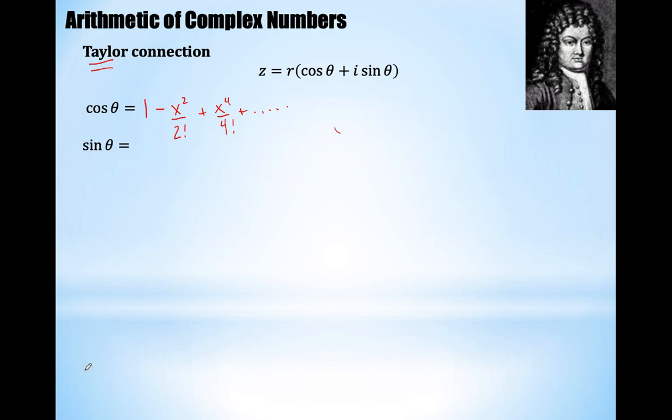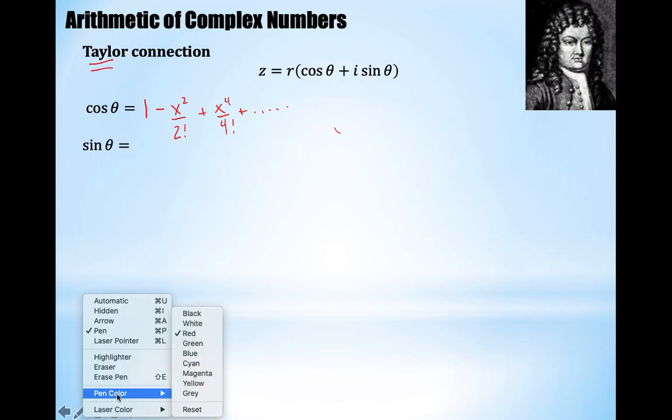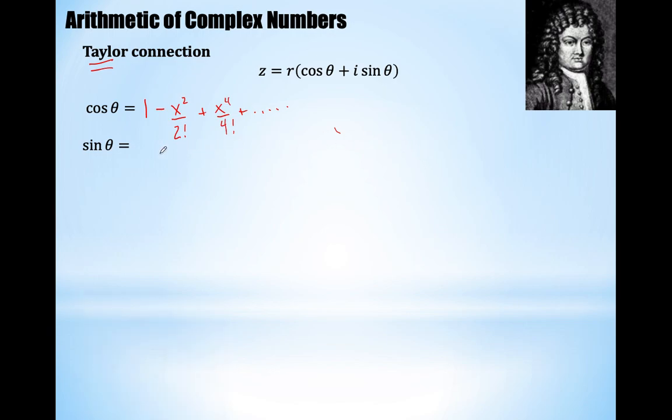And what was sine? Sine isn't even, it's odd, right? So you have x to the 1st minus x cubed over 3 factorial plus x to the 5th over 5 factorial. So I have a representation for cosine.